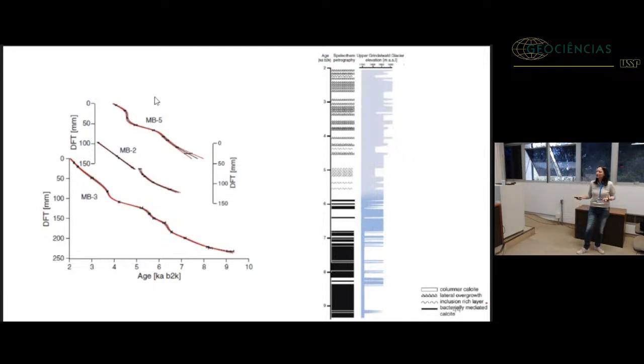And as you can check here, the petrography says that it was a calcite mediated by bacteria. Because if you don't have a glacier, well, maybe it's a little bit warmer, and then the bacteria can grow in these stalagmites.